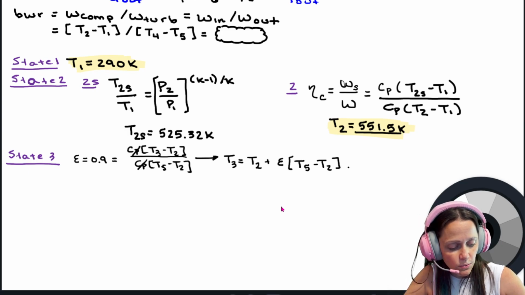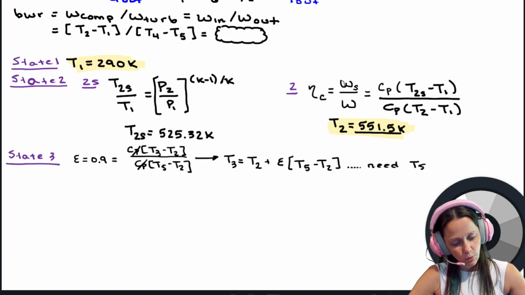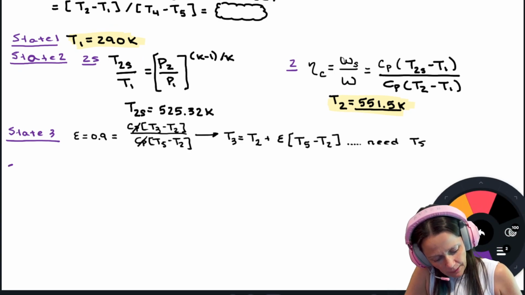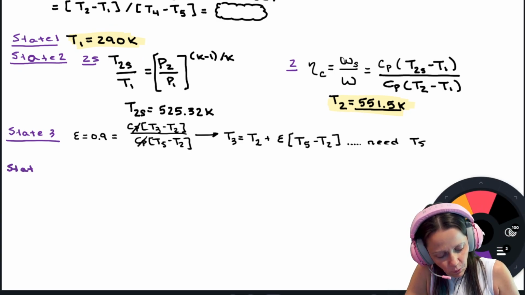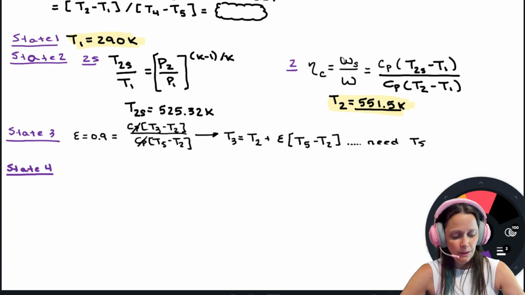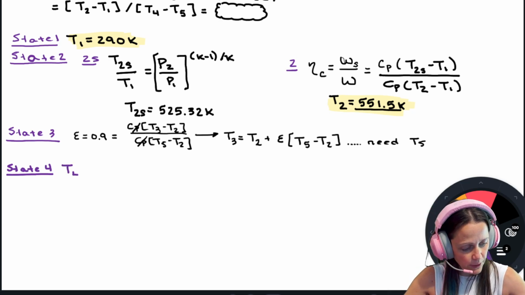And no, I don't know yet what T5 is, but that's okay. I'm just going to keep on working my way through the cycle, and hopefully I will come across what T5 is. So now we got state 4, and state 4 is actually given to me, believe it or not. It was written on your diagram, right before it goes into the turbine.